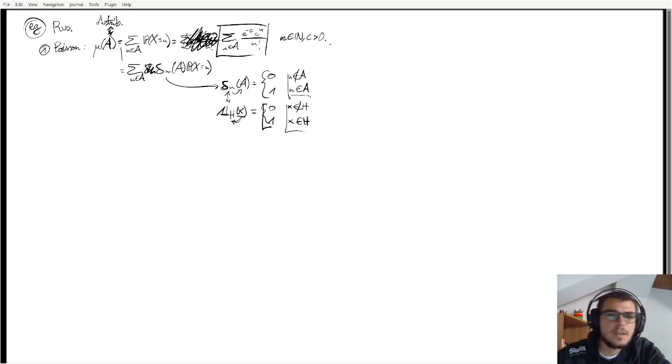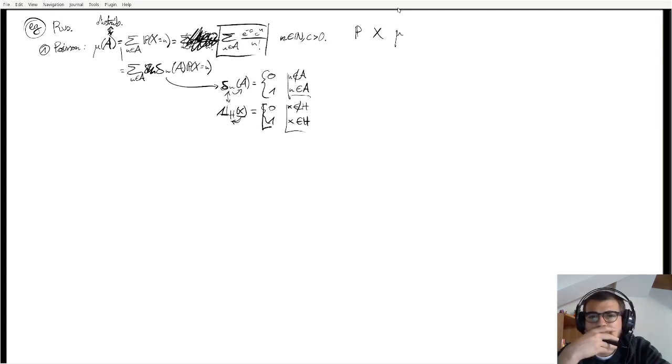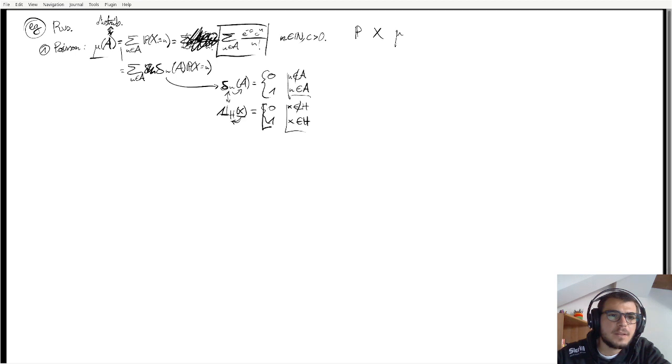Okay, so we have to clarify some things. What is the link between the probability measure, the random variable, and its distribution? Which we can find here, here, and here.